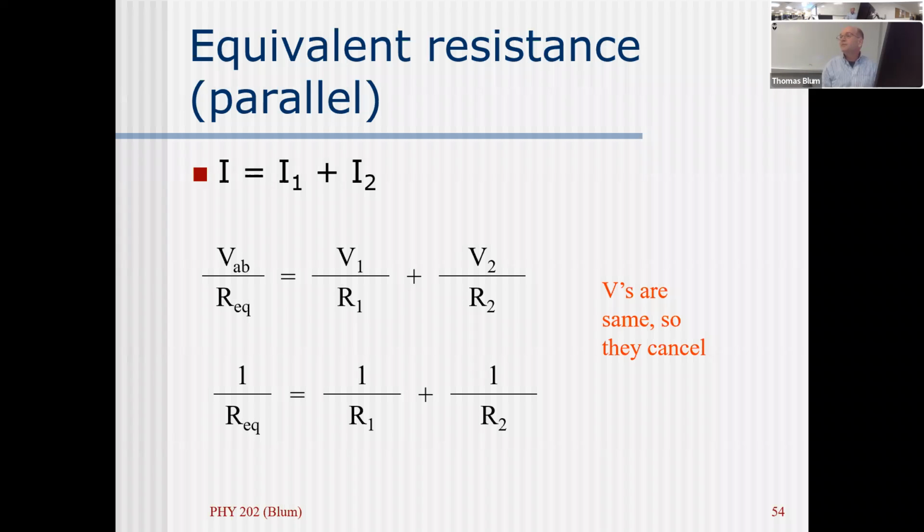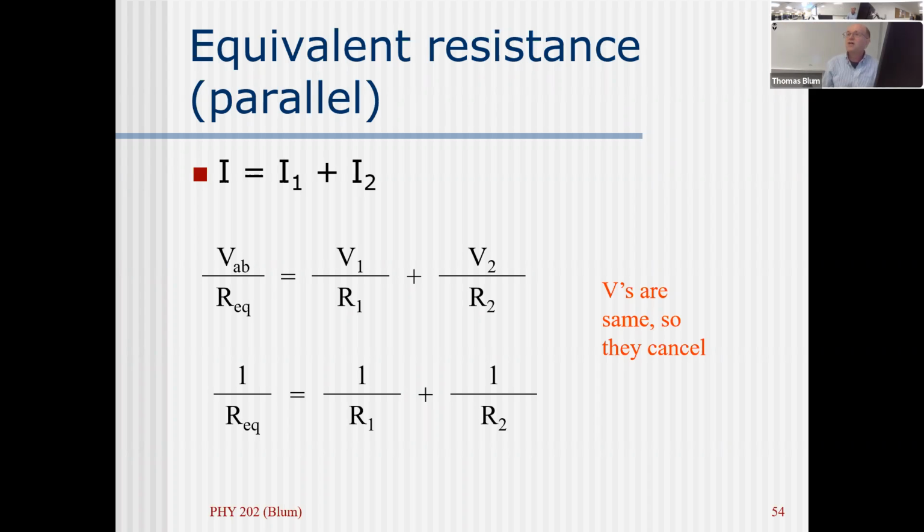I can't cancel out a numerator and just have no numerator. If I cancel out a numerator and it's all gone, I put a 1 there. So I'm left with 1 over R equivalent is equal to 1 on R1 plus 1 on R2.